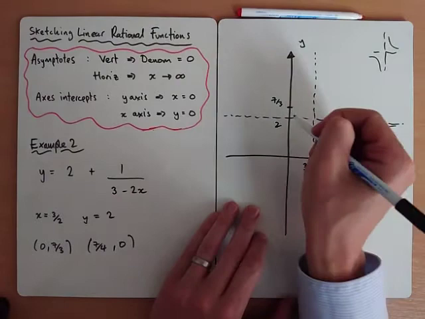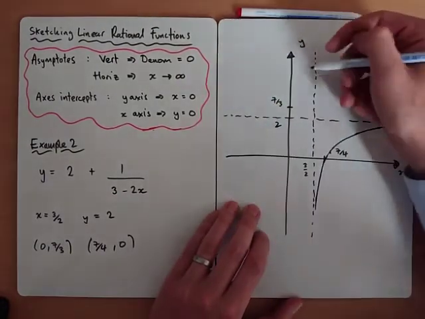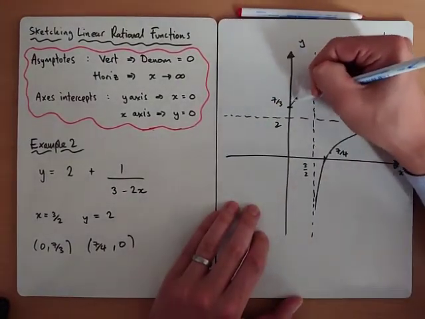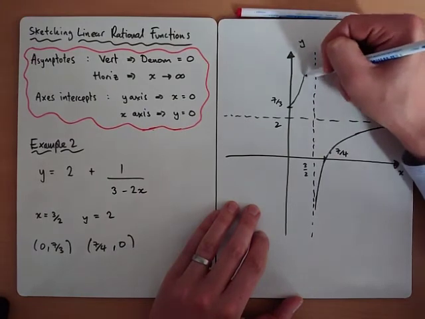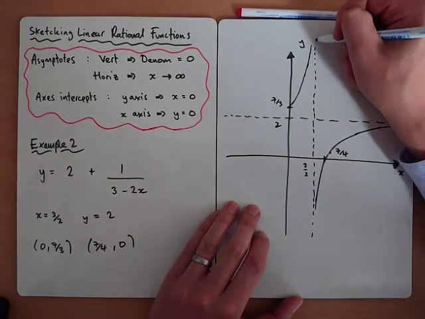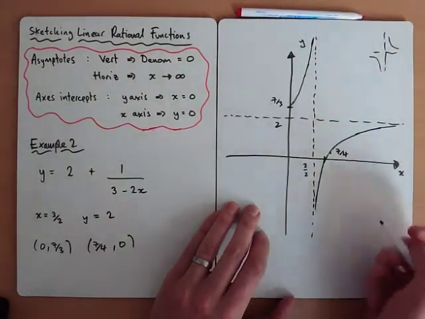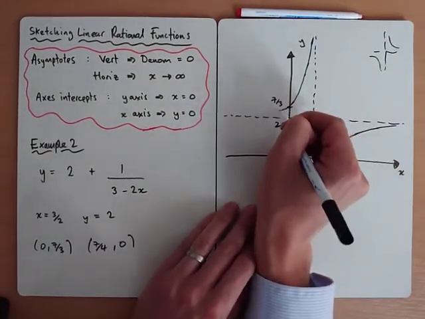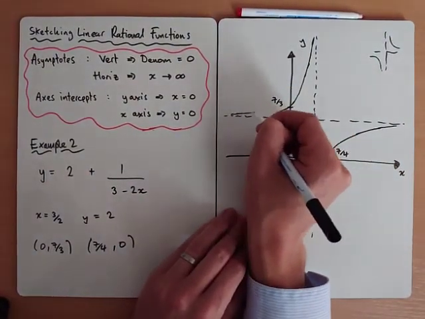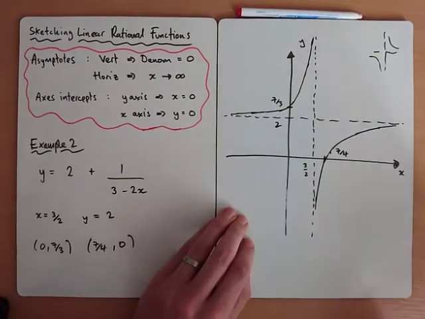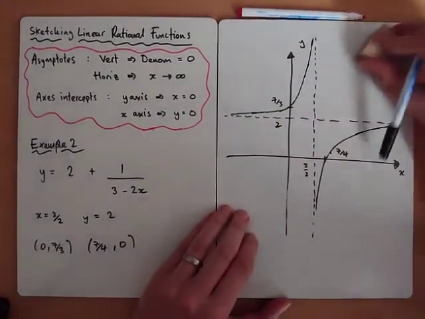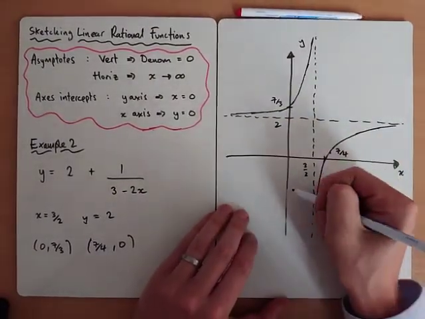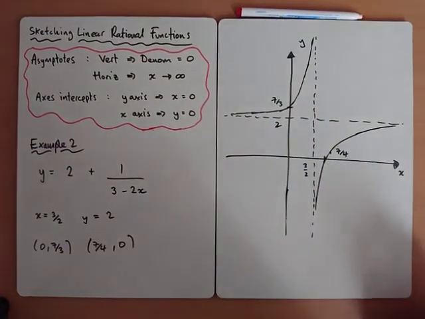And then for this one, it's not easy to do on the whiteboard. We're going to go up, approach the asymptote but not touch it, and down through this way. Okay. There you go.